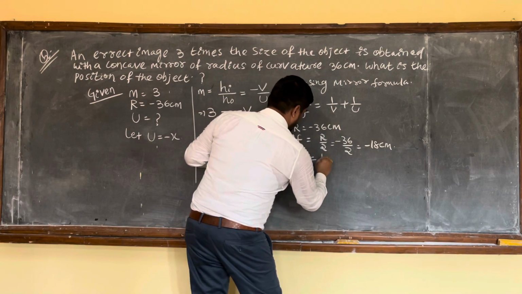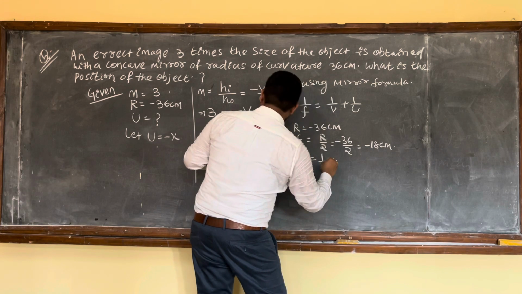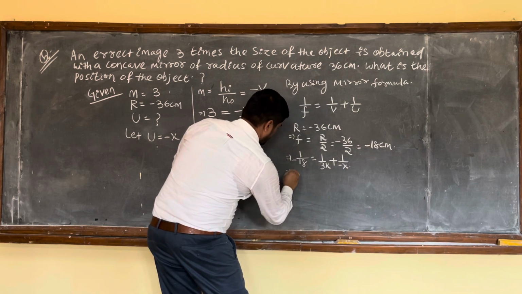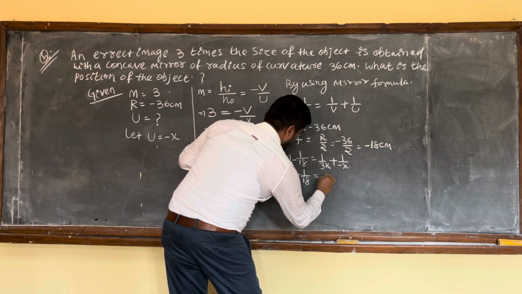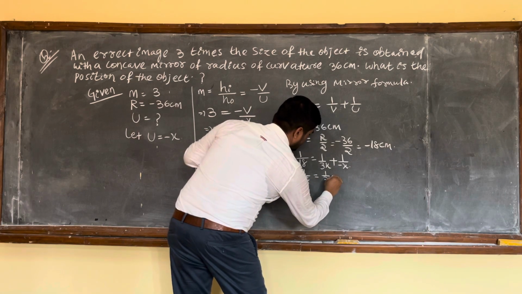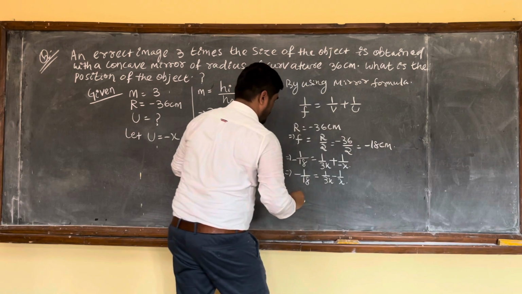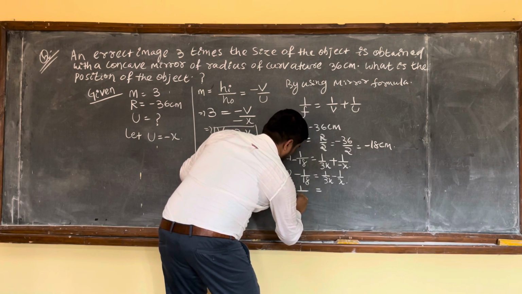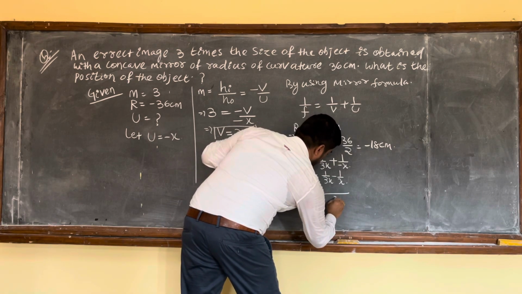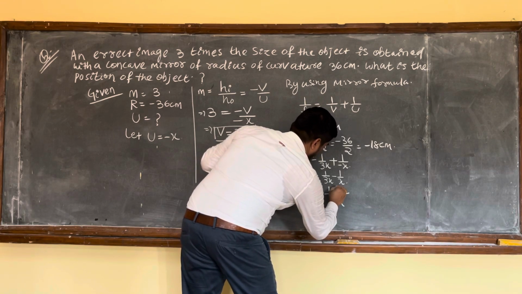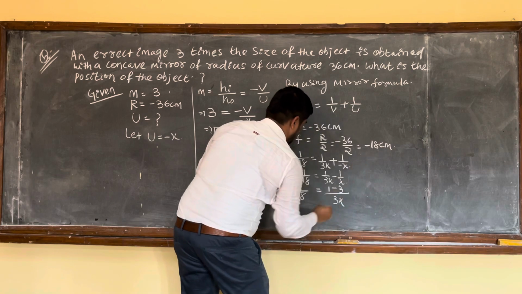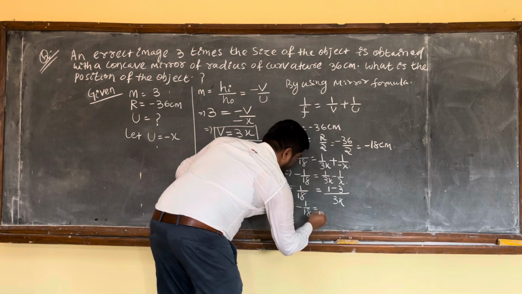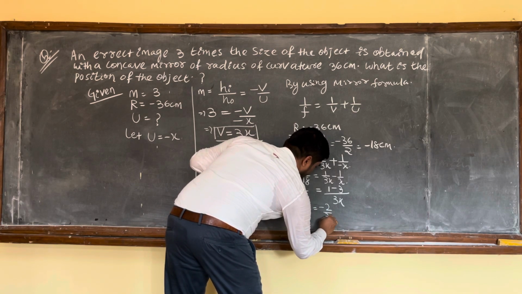the image distance is 1 divided by 3x plus the object distance is minus x, so this will be 1 divided by minus x, and this will be minus 1 divided by 18, that is equal to 1 divided by 3x minus 1 divided by x. The LCM is 3x, so this is 1 minus 3, that implies minus 1 divided by 18 equals minus 2 divided by 3x.